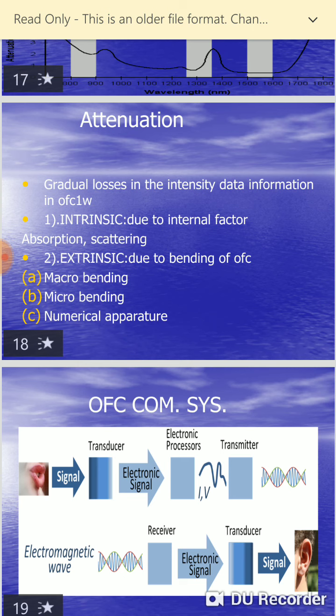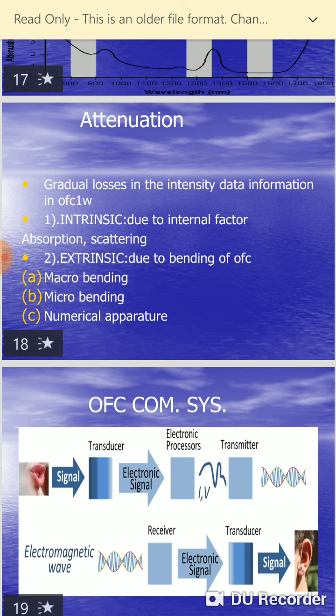So if we see the block diagram of optical fiber system, it is like this. So first it is information source which will produce any signal which we have to transmit. So in this diagram we have considered the voice signal we have to transmit.